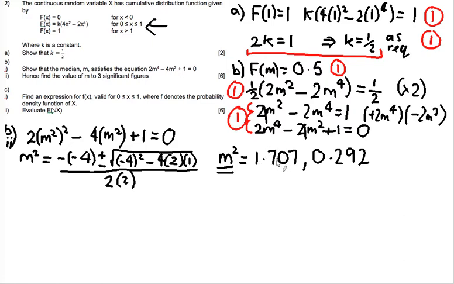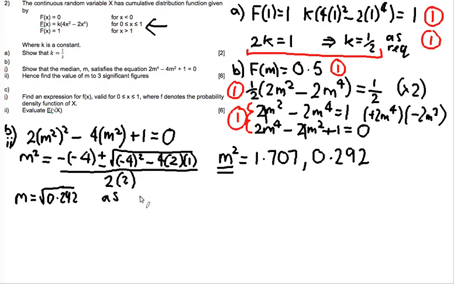Now, this is outside of the range, so we know the probability would be 1 here. The square root of this has to be greater than 1, so x will be greater than 1, so it can't be this value here. So I know that in that case m will be the square root of 0.292.